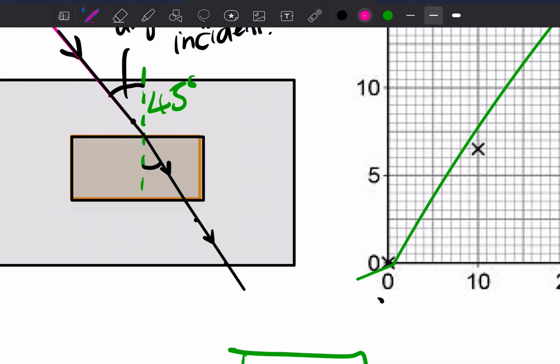In this case, it's bent towards the normal line. So in order to get that data, we would then just measure this angle, and this is the angle of refraction.